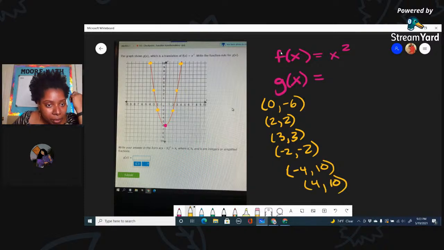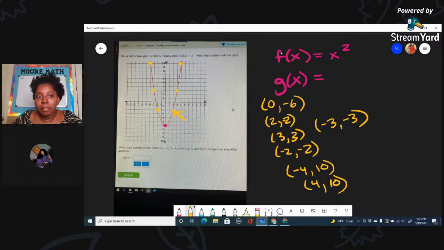So we got to figure out, well, what is it doing? Oh, I wrote that wrong. I'm sorry. This right here is 2, -2. And then this was 3, 3, negative. Okay, the rest of it was good. -3, -3. How is it 4 if it doesn't line up with 4?